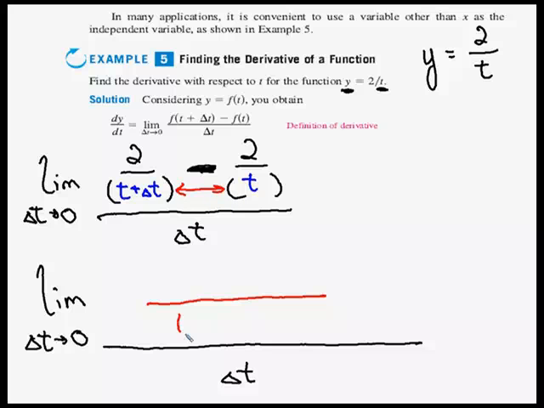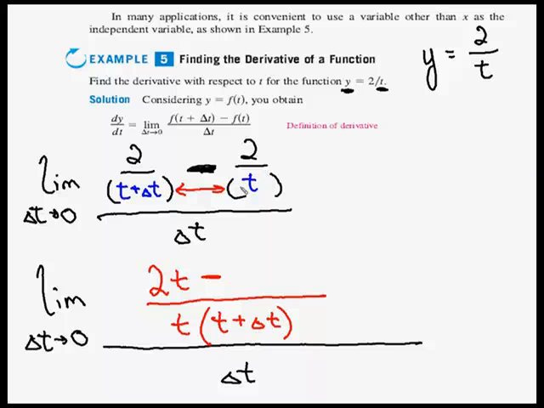So we're going to have t times the quantity t plus delta t. And we have to fix up our numerators. Well, this denominator, we were missing this piece over here. So remember I talked about this last year, it's sort of like cross-multiplying. Here we're going to have 2 times t. So up top here, 2 times t minus, and then we're going to sort of cross-multiply the other way.